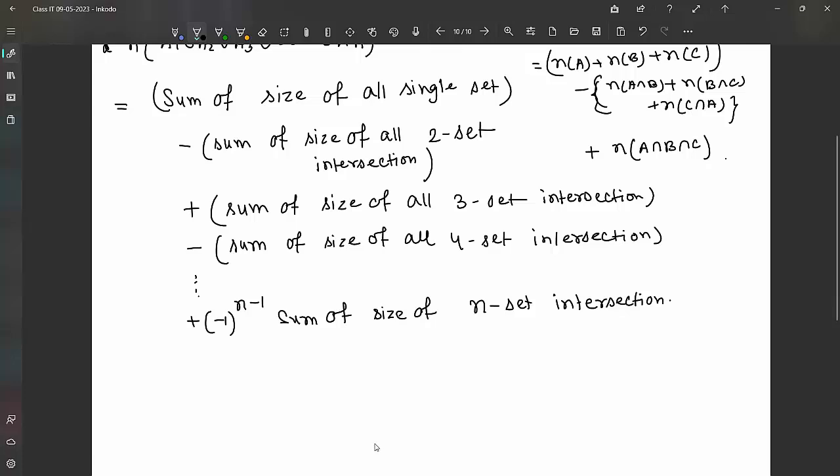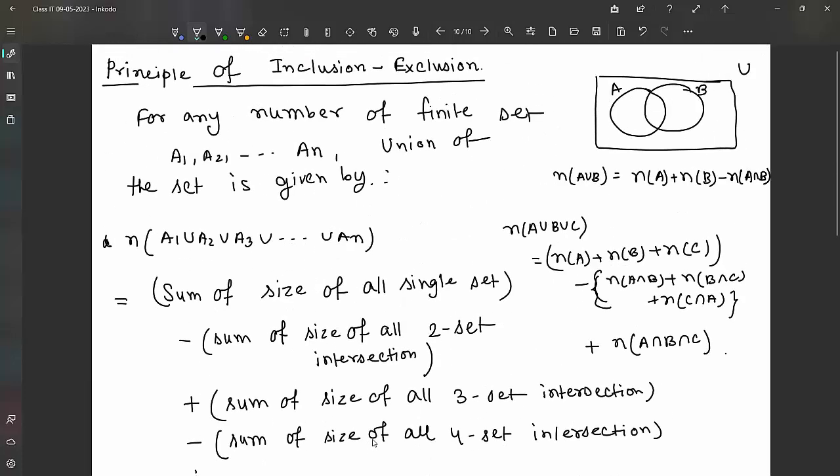That means A1 intersection A2 intersection A3 up to An. So this is the principle, and it holds not only for 2 or 3 sets, but for any n finite sets. So this is the inclusion exclusion principle, and now one question from here.